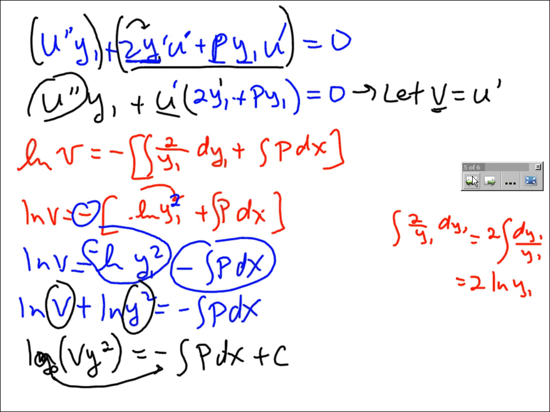E to the negative integral p dx plus c is equal to what I'm taking the ln of, v y squared. This plus c, let's even call it c1, just comes in front.